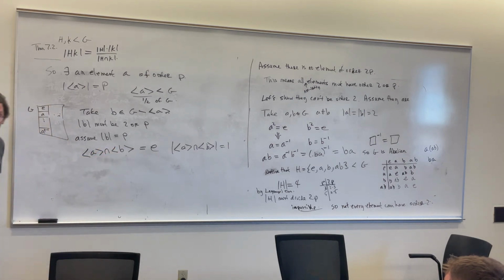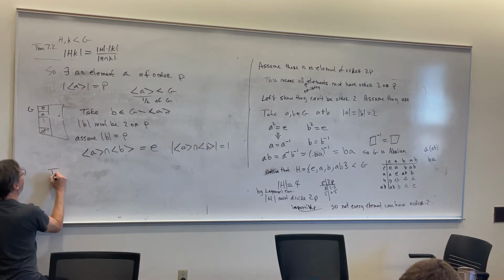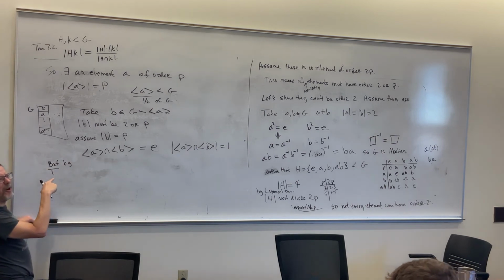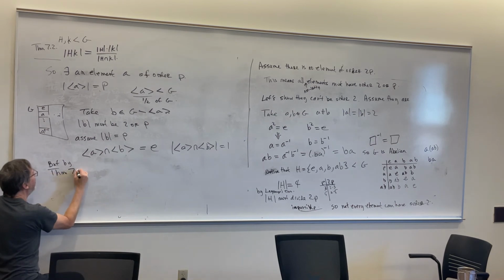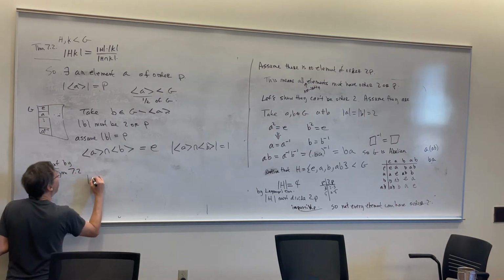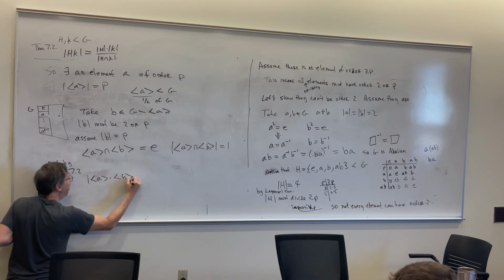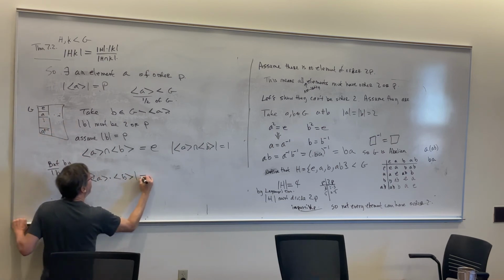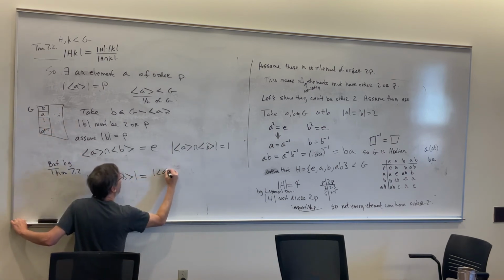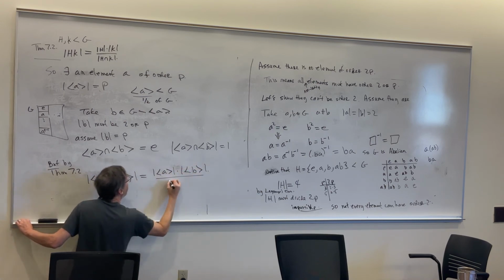So we're going to use that down here. So let's take a look. But by theorem 7.2, when you hear "but," you know a contradiction's coming generally in math, right? By theorem 7.2, the order of everything in A times everything in B, taking all the products of all these different things, must equal the order of A times the order of B over the order of their intersection.